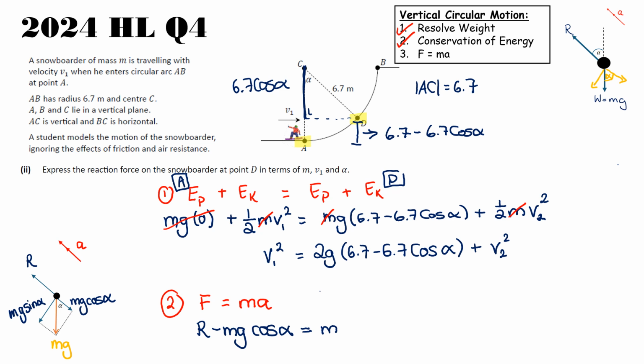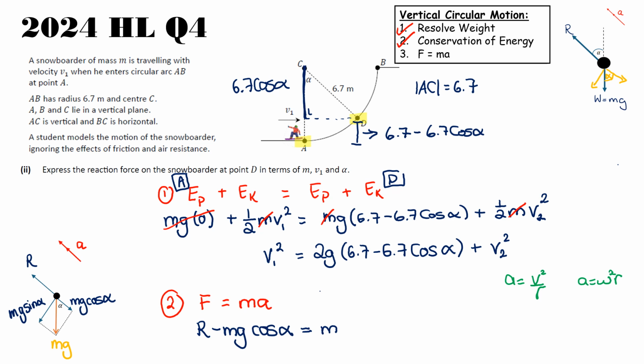Now we have 2 different options for our acceleration because it's a centripetal acceleration. We have v squared over r, or omega squared r, so either or.